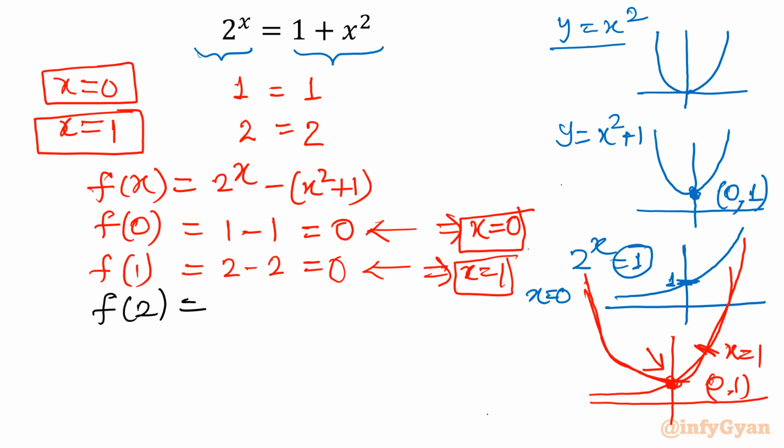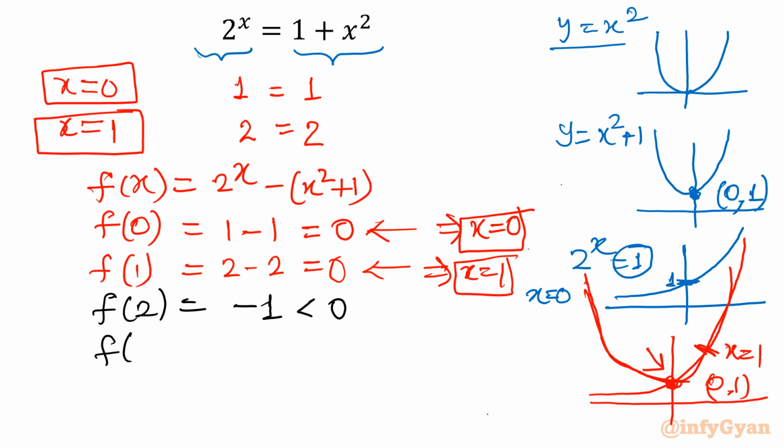If I write f(2), you will have 2 raised to the power 2, which is 4, minus 2 square plus 1, that bracket is 5. So you will get negative 1 overall: 4 minus 5, so negative 1.